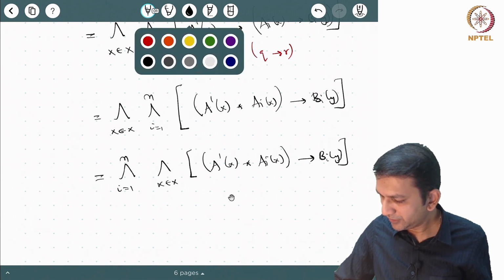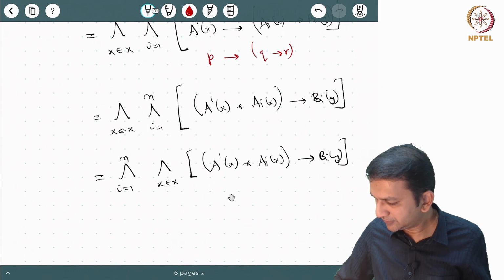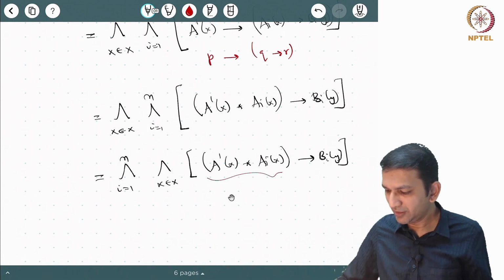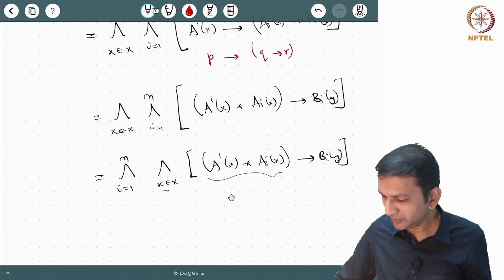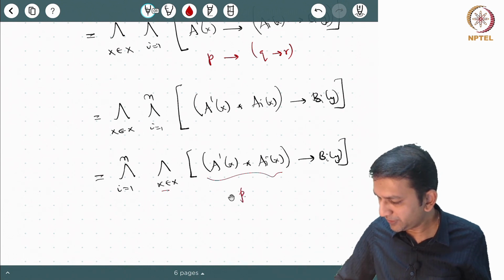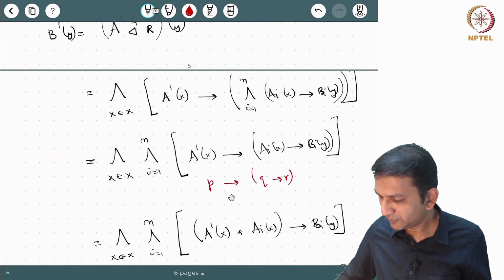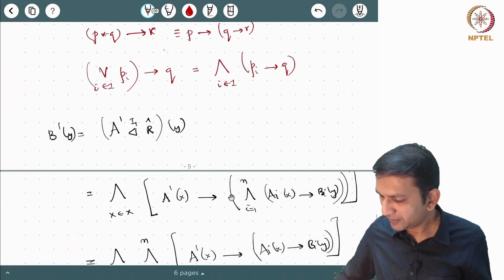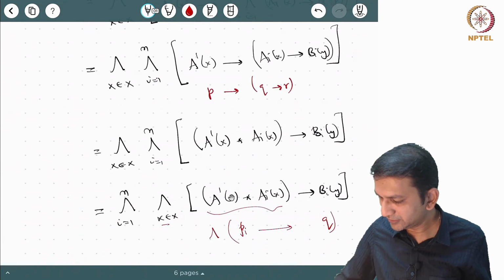Now, note that if we consider this quantity, the x here affects only this. So you could look at this as the corresponding P and this as the Q. And so what we have is something like P implies Q over x, and this we know with respect to this property can be modified like this.